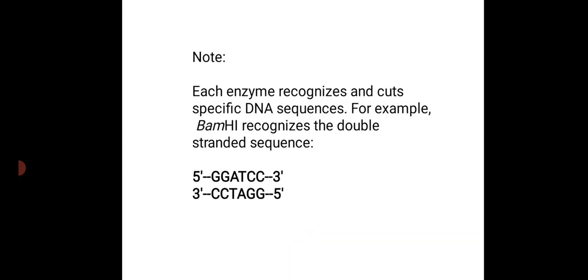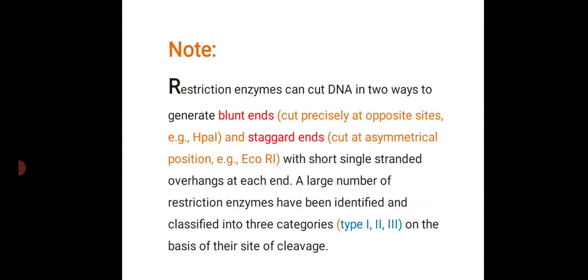For example, BamHI recognizes the double-stranded sequence. Restriction enzymes can cut DNA in two ways: to generate a blunt end, which means cutting precisely at opposite sides, for example HpaI, and staggered ends. Staggered ends means sticky ends, cut at asymmetrical positions, for example EcoRI, with a short single-stranded overhang at each end.